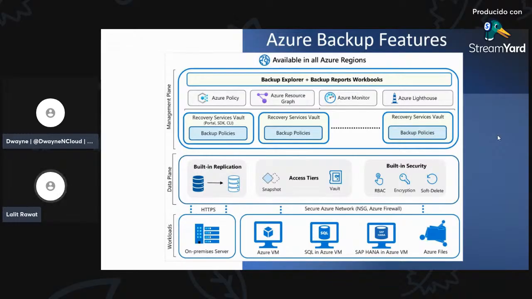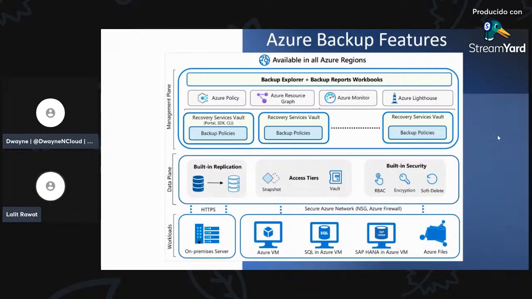Then we have a management plane, how you're going to manage your backups, the policies, and all of those things, right? For that, if you wanted to manage things from the portal, SDK or CLI, that could be your Azure backup policies. You can create backup policies through your vault or through the backup policies.